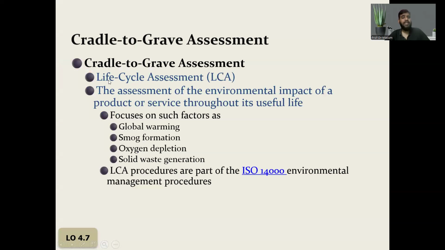You have to consider the life cycle assessment, cradle to grave assessment. That means from childhood to death, and even after death. For example, Muslims, also Hindus, think that there is life after death.